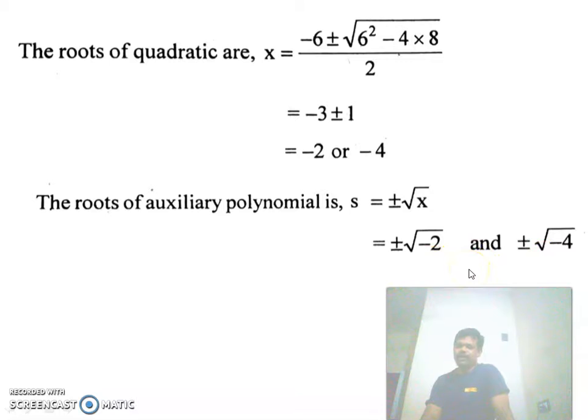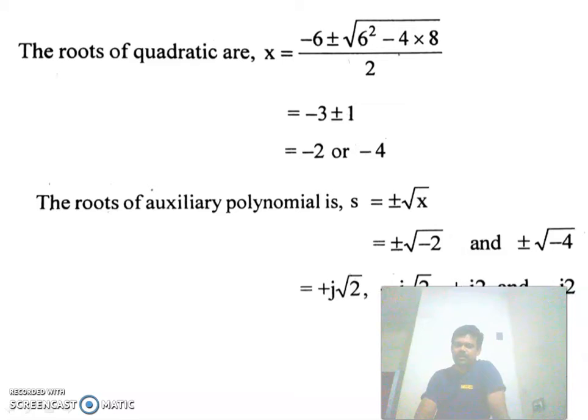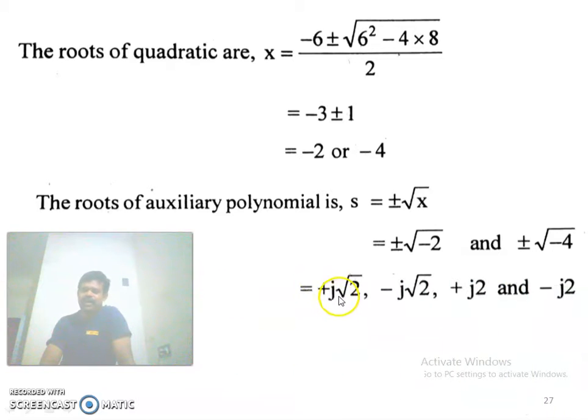So minus 2 can be written as 2 into minus 1 and minus 4 can be written as minus 1 into 4. Root of minus 1 is nothing but j. So it can be written as j into root 2, and this one is nothing but 2j. So here we have roots on the imaginary axis.